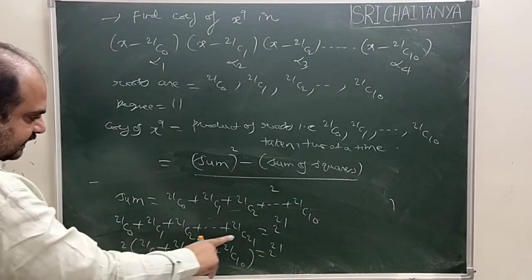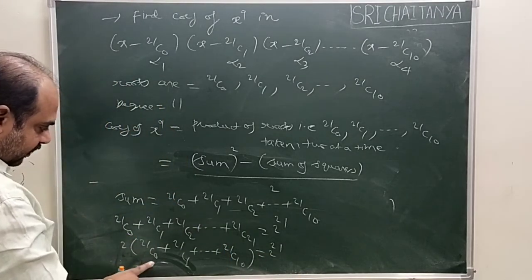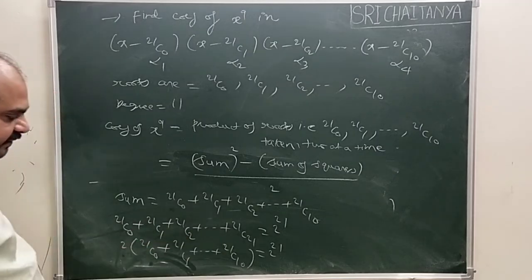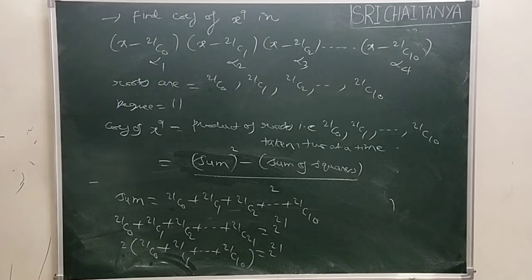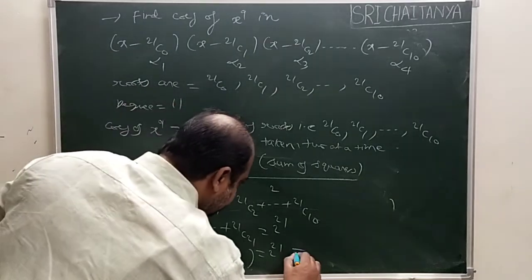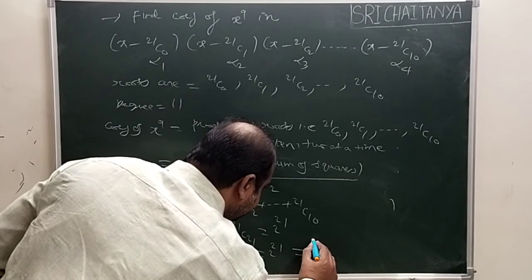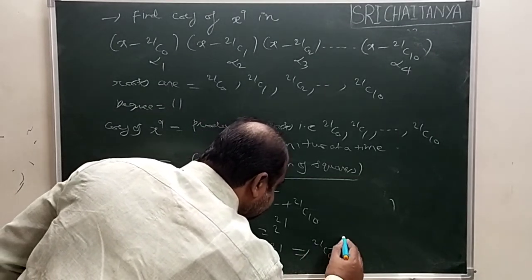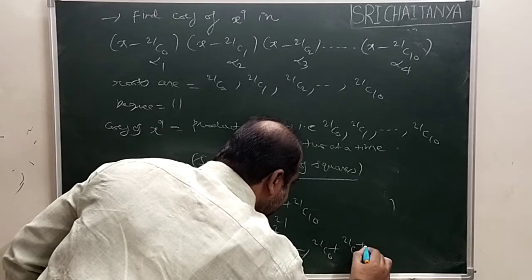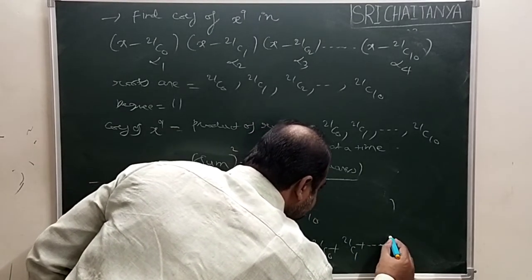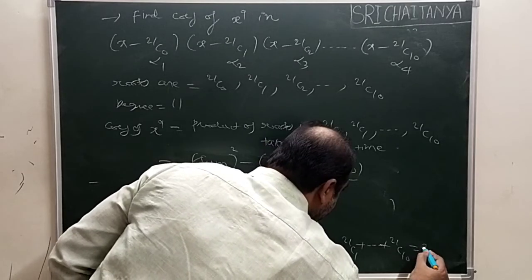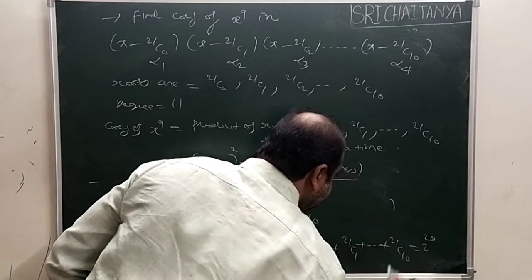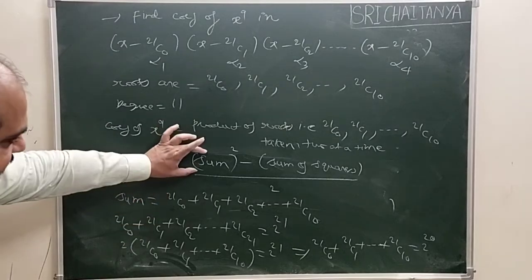The middle terms 21C10 and 21C11 I have clubbed. So the required sum, 21C0 plus 21C1 plus and so on up to 21C10, is nothing but 2 power 20. This is the sum.